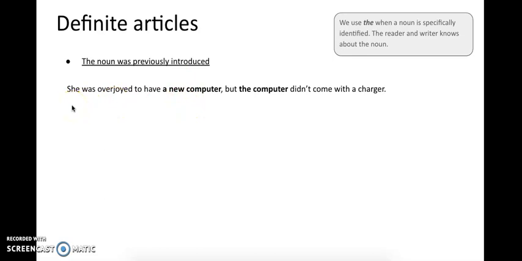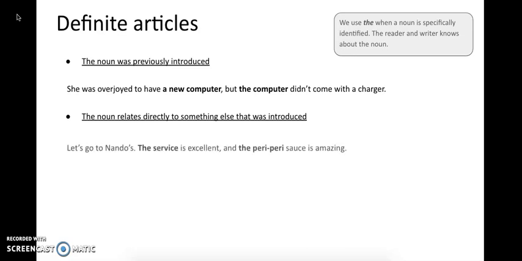When else do we use a definite article? When the noun relates directly to something else that was introduced. Let's have a look at this example. Let's go to Nando's. The service is excellent and the peri-peri sauce is amazing.